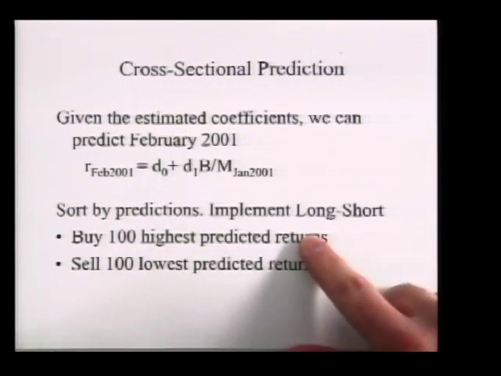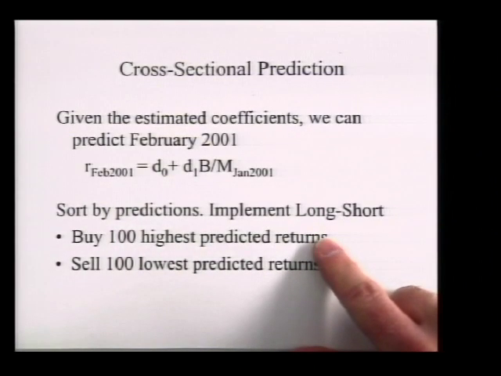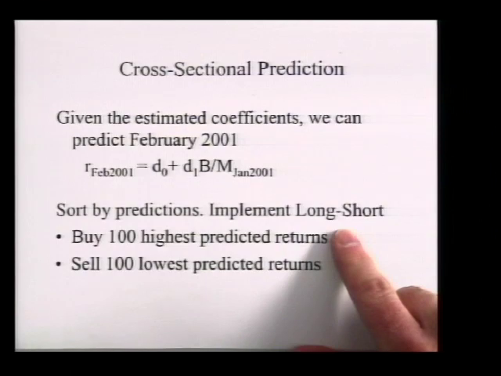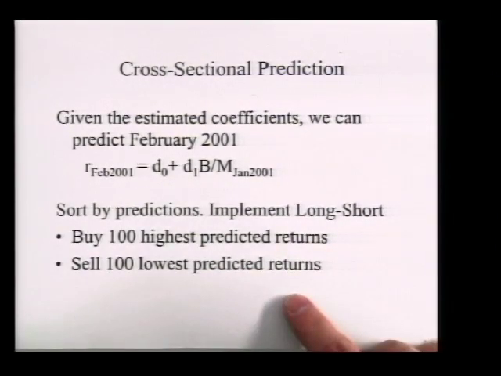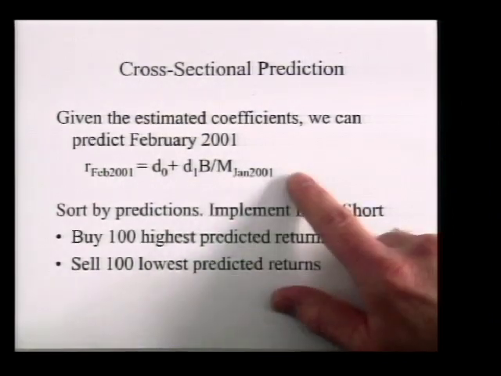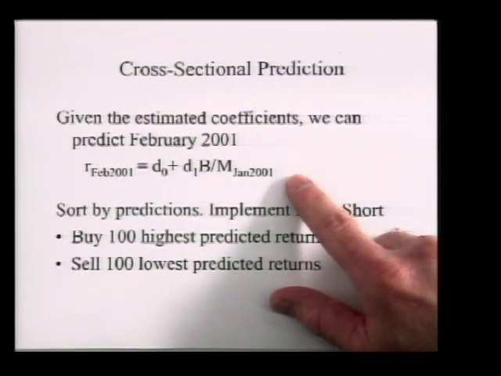Sort the predictions, highest to lowest, and implement a long-short strategy. Buy the highest predicted returns, sell the lowest predicted returns. Again, you could have 29 additional variables here. The key is to get your forecast, sort the forecasts, and develop a buy list and a sell list. Okay, so it's a simple regression.